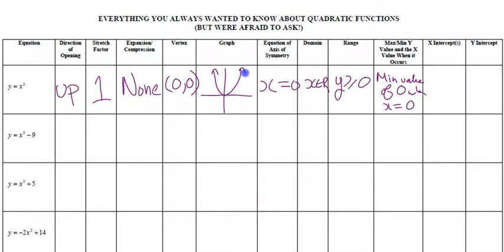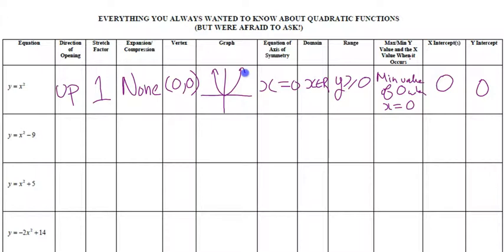Okay, read the question. X-intercepts, or intercepts. 0. Meaning there's none? Okay, 0, 0. Intercepts are numbers. They're not points. You could give the point at which the x-intercept occurs, but the intercepts themselves are numbers.